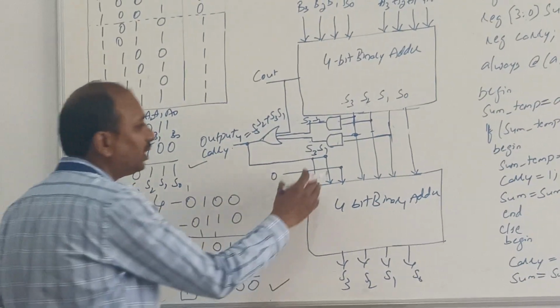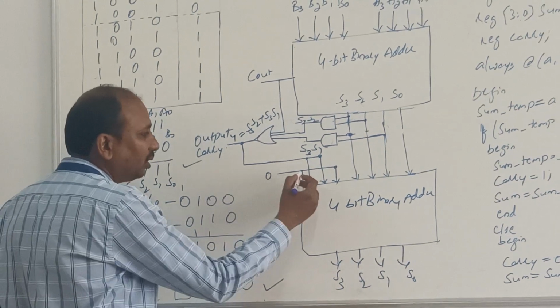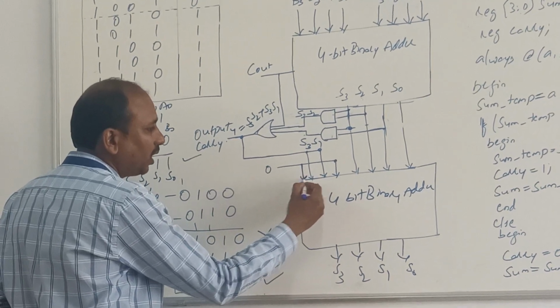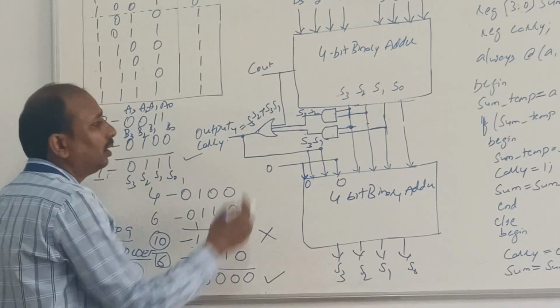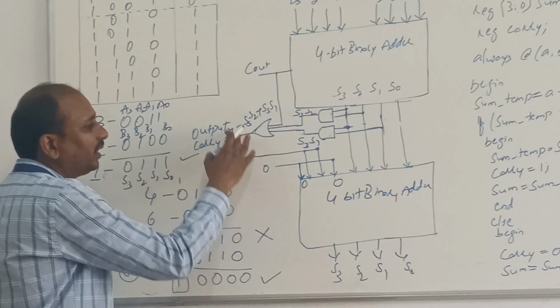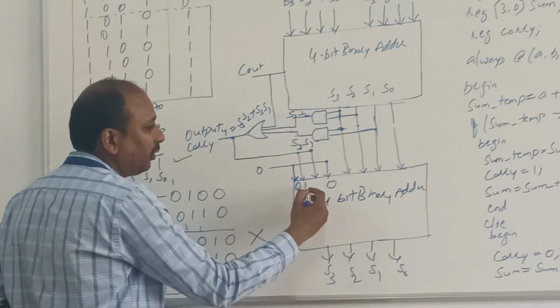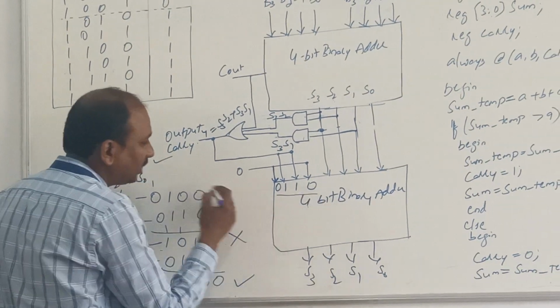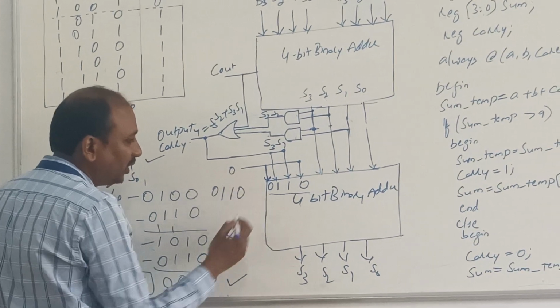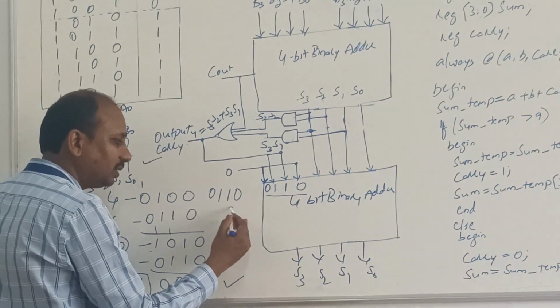Now what is going to happen here is that you can see these two lines have value 0, 0. The output of this AND gate is given as 1, that will produce 1, 1. So what is the number here? It is 0, 1, 1, 0, which corresponds to decimal 6.